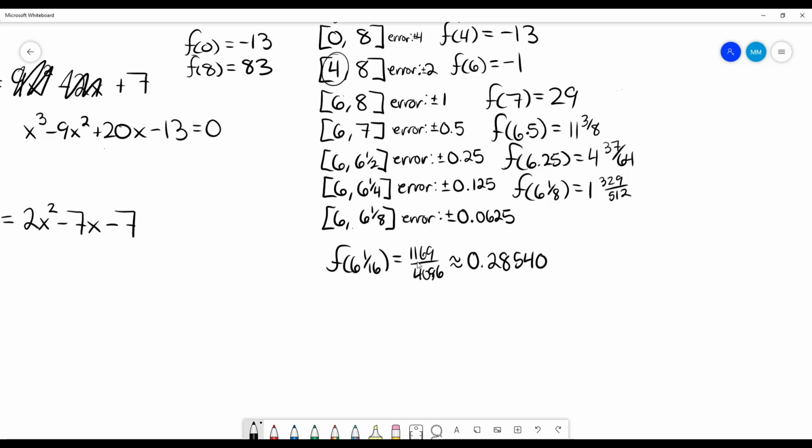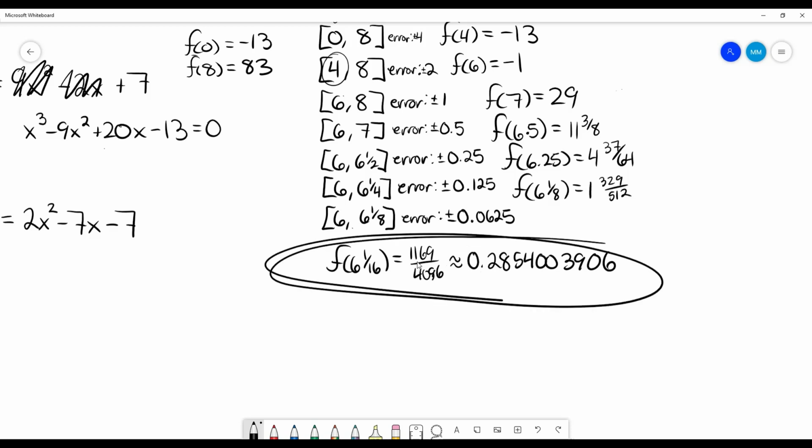This is approximately what our 0 is, with an x value of 6 1/16, and you see this is really, really close to 0, right? So that tells us we're probably on the right track, and that is within our desired tolerance.